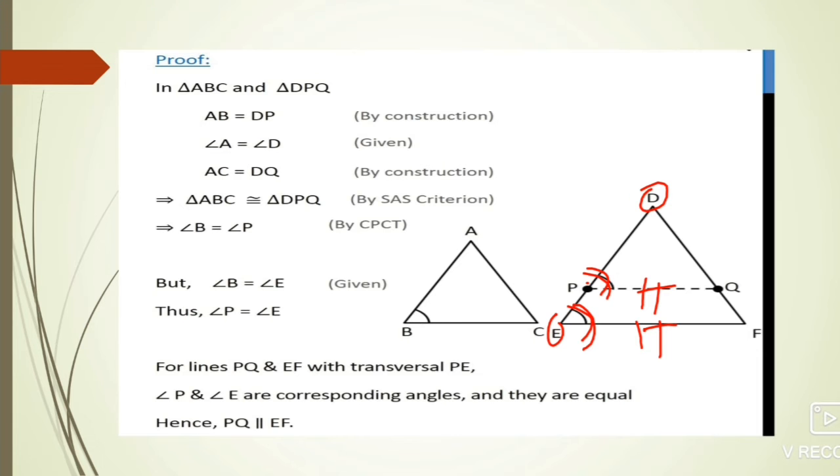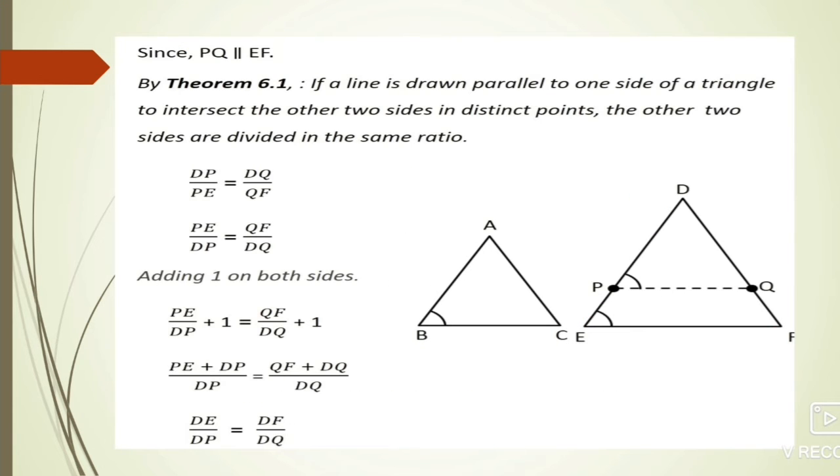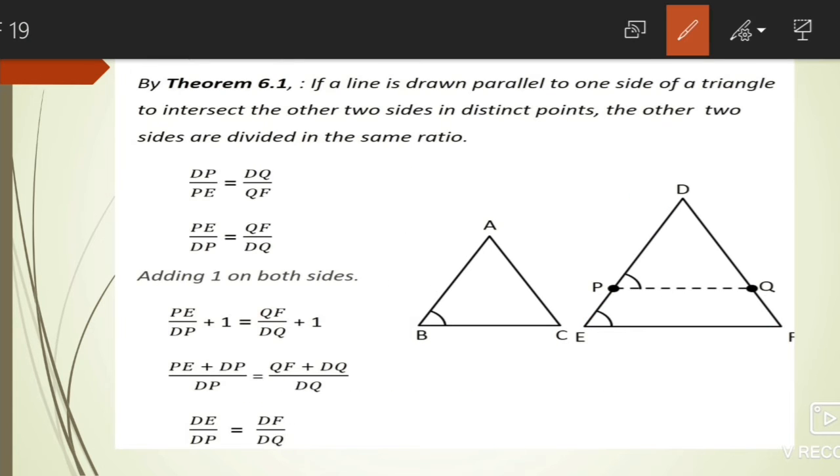Okay, clear? Now since PQ is parallel to EF, you can use the BPT theorem and state that DP by PE is equal to DQ by QF. Now take the reciprocal on both sides and add 1 on both sides.